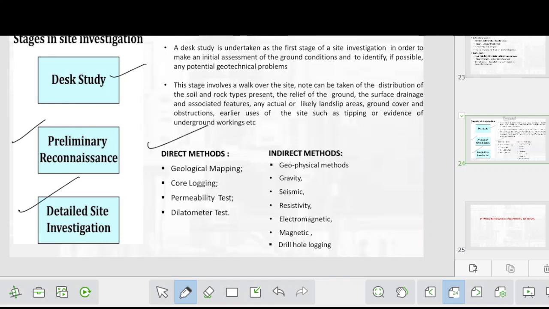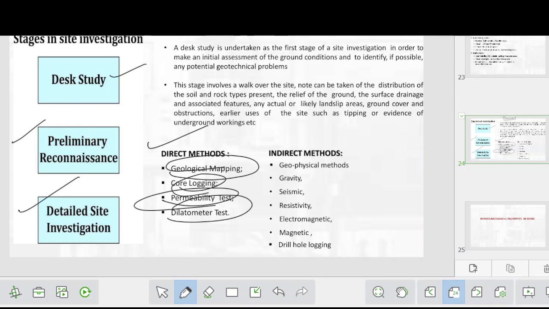For the direct method, you do geological mapping, core logging, dilatometer tests, permeability tests. There are a lot of tests and parameters you have to check for the construction of the tunnel. Okay, so this is the site investigation, how you investigate for the construction of the tunnel.